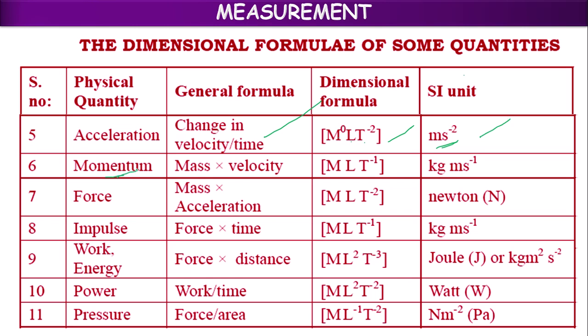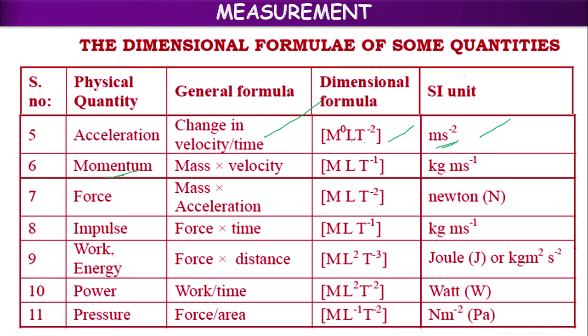Next, children, we have momentum. What is the formula for momentum, children? Mass into velocity. You have to learn all the basic quantities, their basic dimensional formulas and SI units, so that in the coming chapters, whatever chapter comes, it will be easy for you to understand the topic.